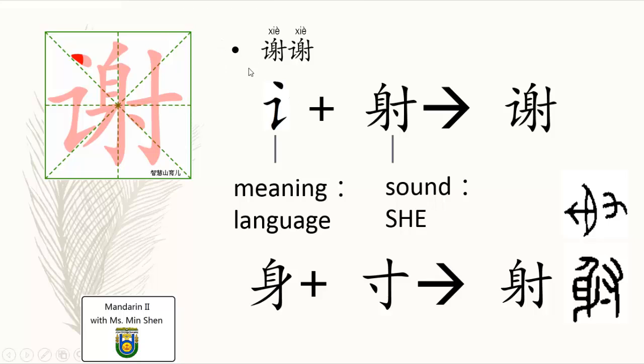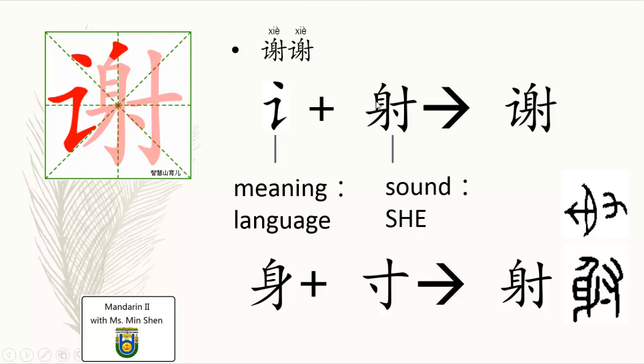And 身寸 in a combined character, let's look at this. So this radical at the left hand side denotes the meaning: this combined character is about a language. And when we mention the language, the right hand side denotes the sound of it.